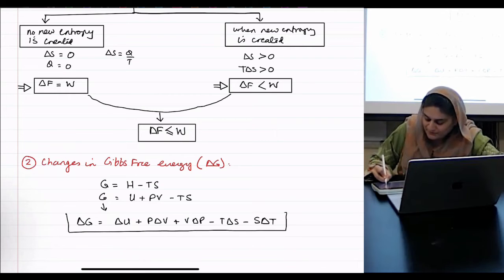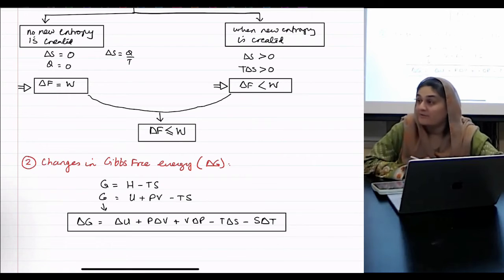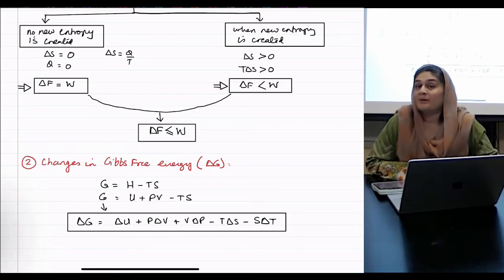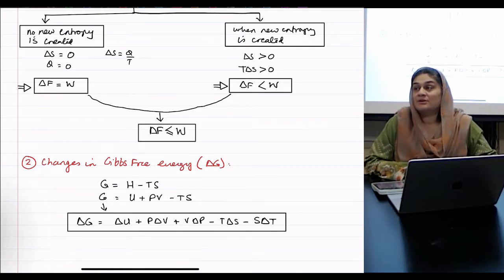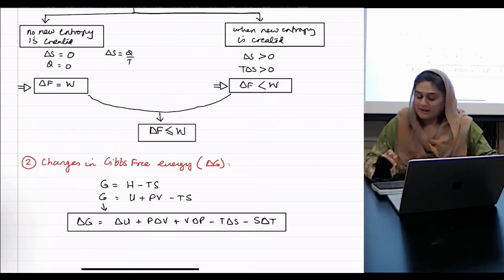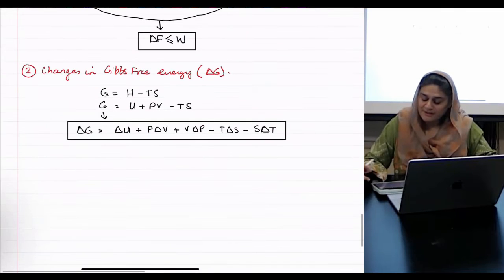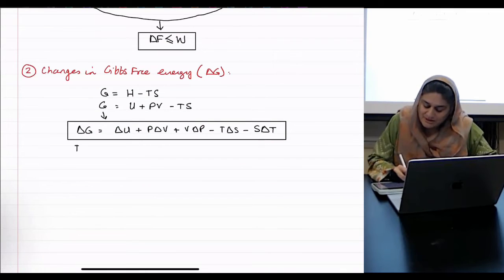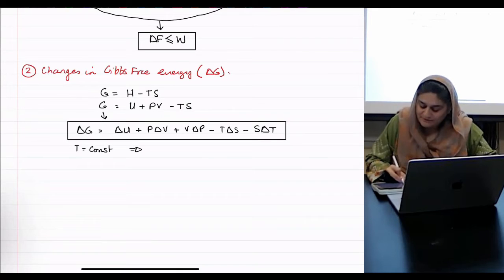Everybody with me so far? Everybody understands how we got there, right? Bobbleheads? Yes. Okay, so now what do we know about Gibbs free energy? Is T constant? Which implies delta T must be 0. Is P constant in these processes?